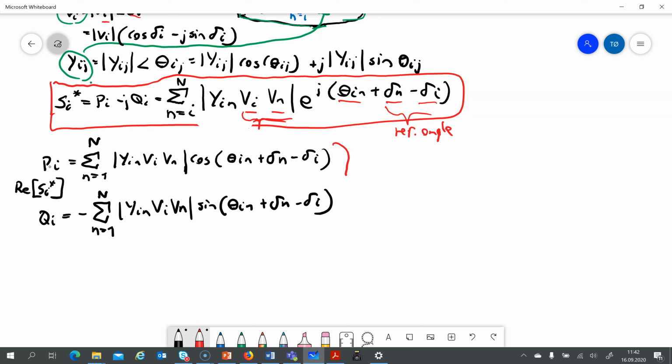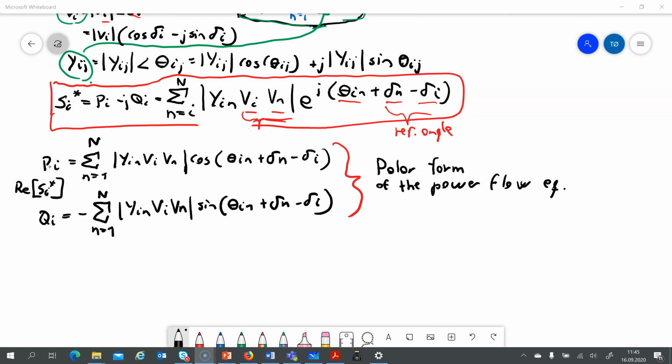And these equations are what we call the polar form power flow equations.